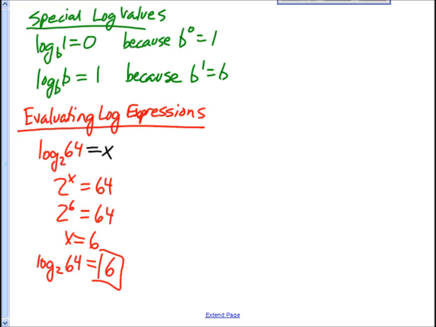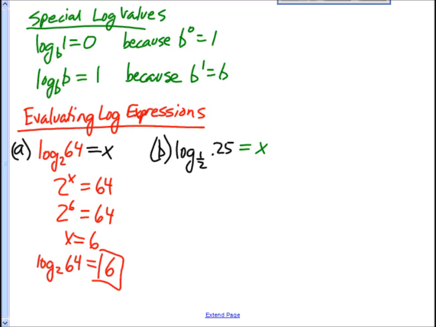Let's do another one. All right, so problem B here. Log base 1/2 of 0.25 equals what? So I say, well, I want to find out what x is. So now I put it in exponential form.